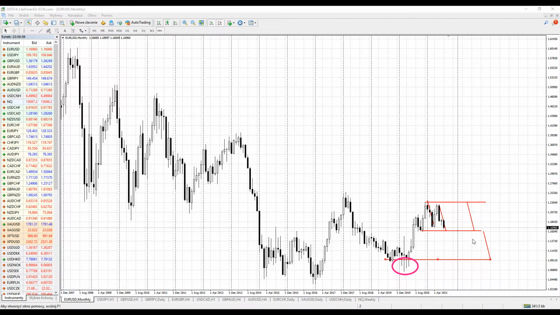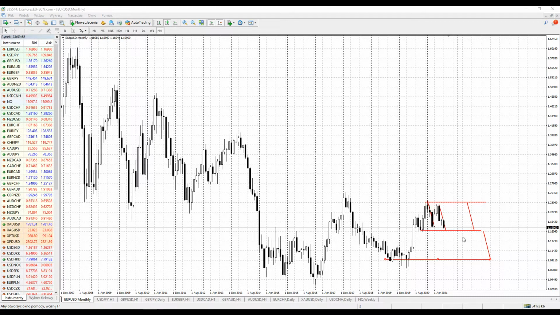That's what I see on the monthly chart. Summarizing, it's important how we behave around 116. If we leave a lower shadow like this and get a monthly close above this line, that could be a long setup around this level for the medium and long term.